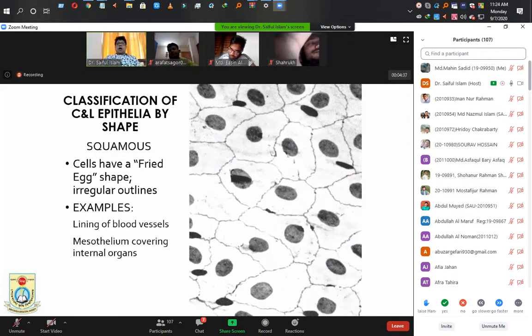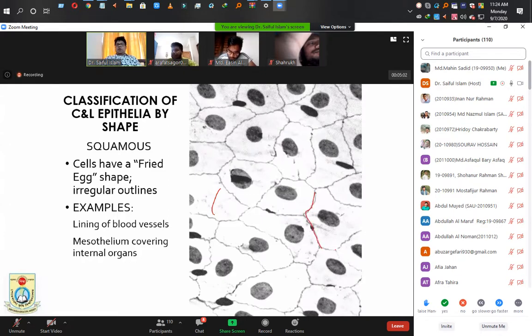So now I will explain again the different types of epithelium. Just look, basically this is a three-dimensional picture. Here you can see the shape of the nucleus also.